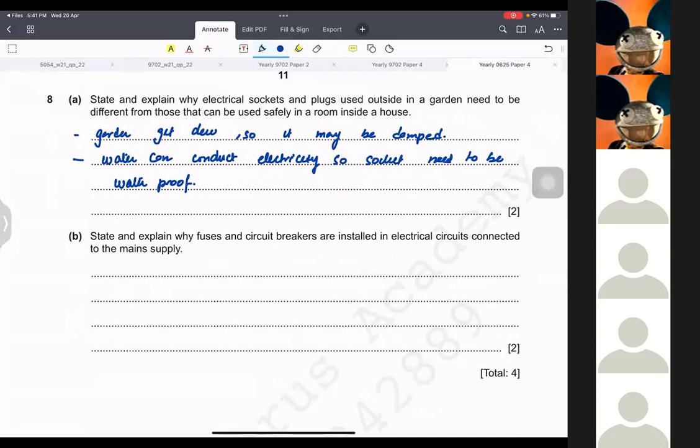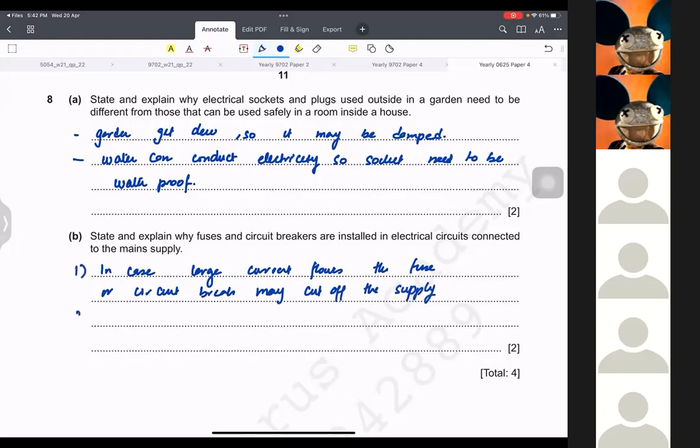The reason why circuit breaker or fuses are connected to main supply is that in case a large current flows, the fuse or circuit breaker may cut off the supply, right?